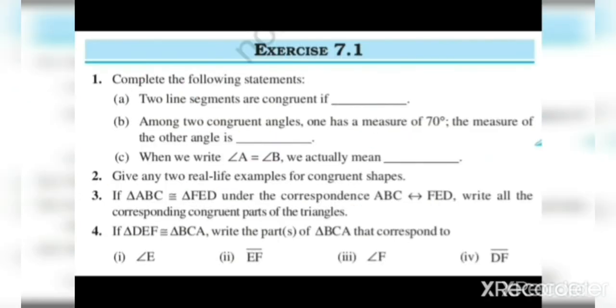Now, on the basis of our knowledge, let's solve exercise 7.1. Complete the following statement: if two line segments are congruent, if, what should I write in the blank? If they have the same length.